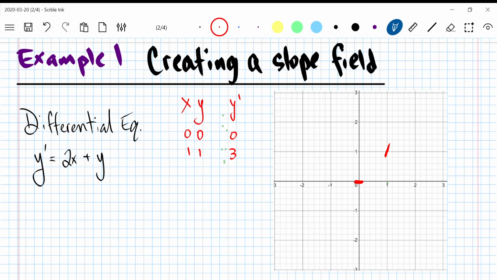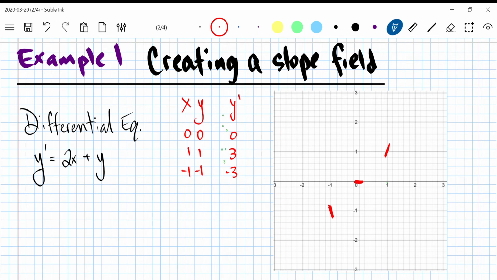And let's pick negative 1, negative 1. I would have 2 times negative 1, which would be negative 2, plus negative 1 would be negative 3. So at negative 1, negative 1, I need to draw a slope of negative 3. That's pretty close.